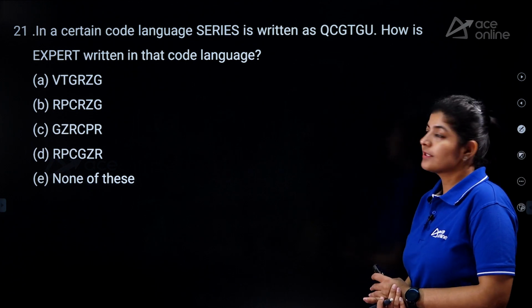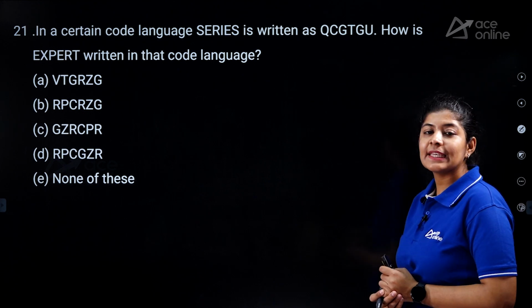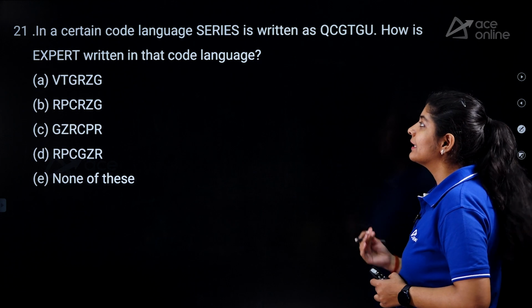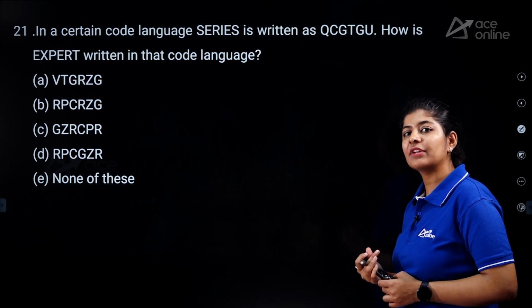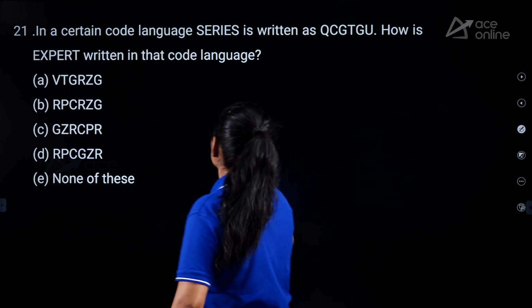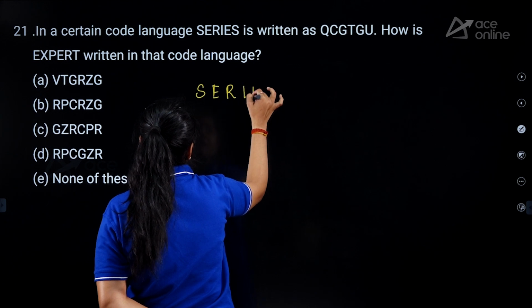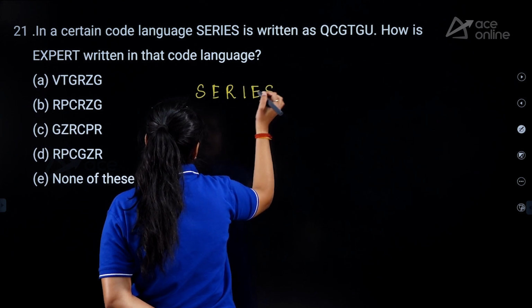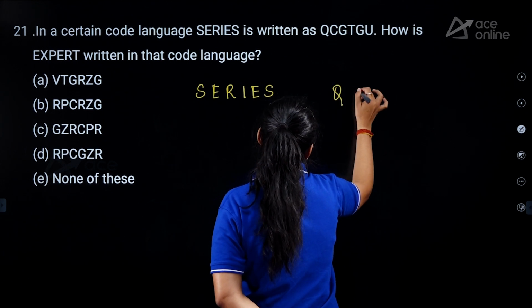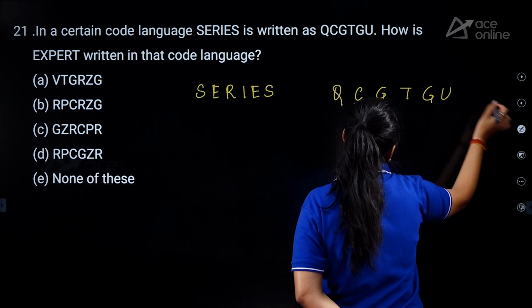So the next question says that in a certain code language, series is written as this one. How is expert written in that code? Now, whenever we have these types of questions, what we need to do is just figure out the pattern. So here we have the word series, and it is coded as QCGTGU.